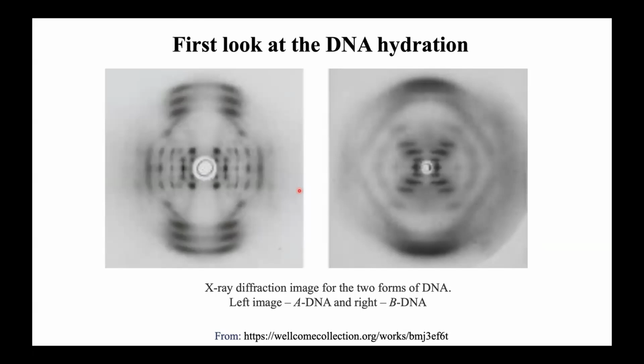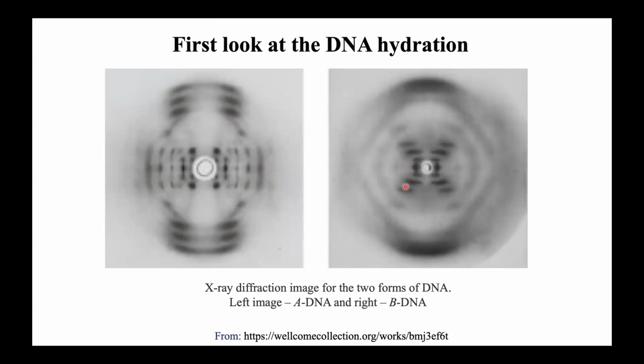What they did was expose DNA to two different humidity levels. In the dry air, they saw that DNA became shorter and thicker, producing this sharp and scattered pattern, while in the moist air, DNA stretched out and the pattern changed to this clear X shape.